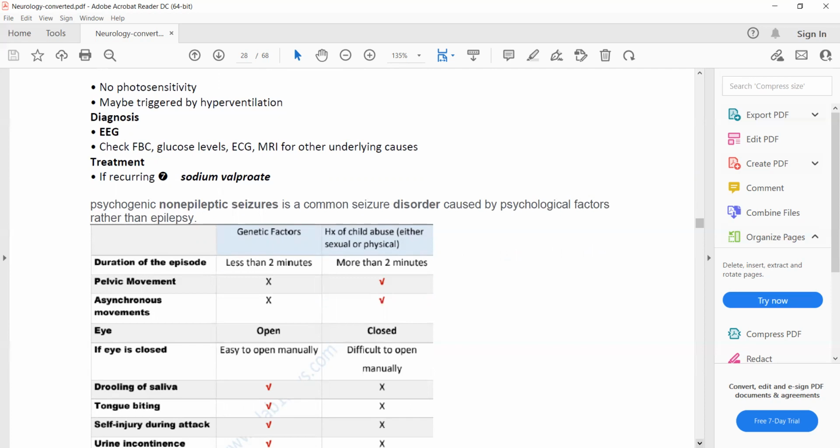So now how to differentiate non-epileptic attack disorder from epilepsy? Again, the important point to differentiate epilepsy from other types of seizures such as reflex anoxic seizure and non-epileptic attack disorder is that if there is no tongue bite during a seizure, then it is not epilepsy.